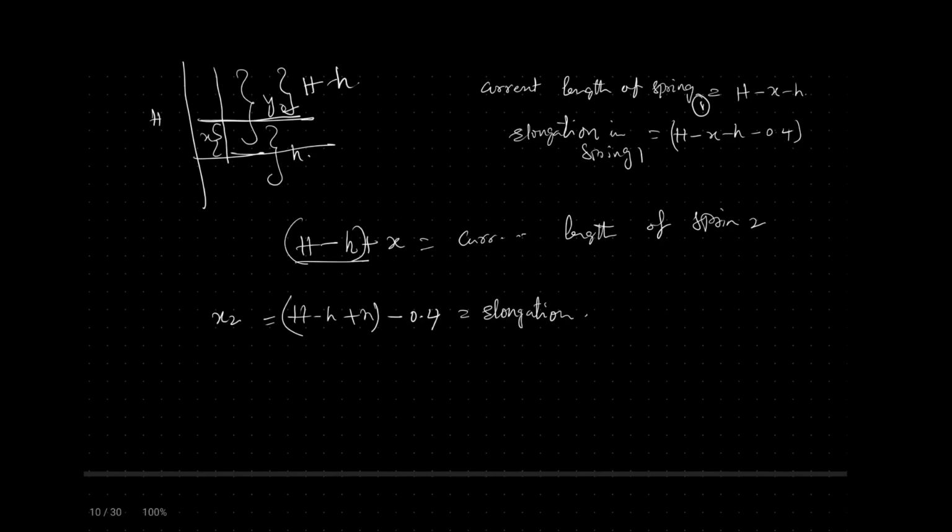Because they asked for the value of the normal force here. I hope you got it. The reaction of n1 will be acting downwards, and there will be n2 acting upwards, which they asked for, and also there will be small m into g acting downwards. I'll just draw the free body diagram and write the equations. You will understand. There is n1 acting downwards and small m into g acting downwards.